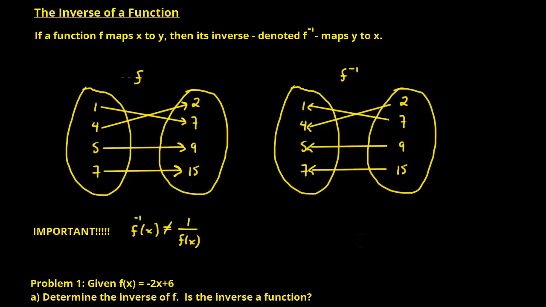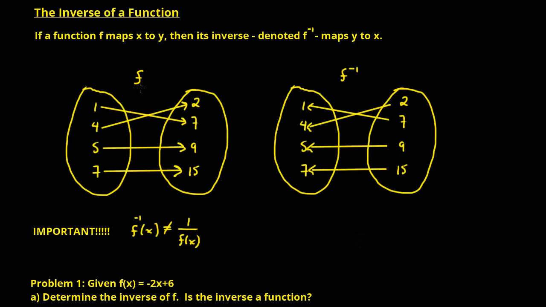And I've drawn out an example of this. So let's suppose that f has domain 1, 4, 5, and 7. And 1 maps to 7, 4 maps to 2, 5 maps to 9, and 7 maps to 15. So this is the domain, and this is the range.